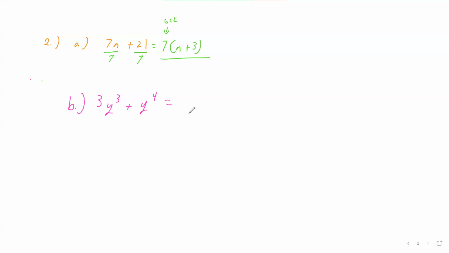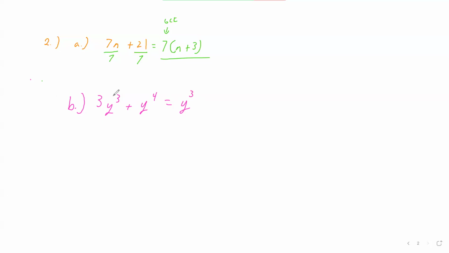Not in this case. I got a 3, and then the other term doesn't even have a number. So I have no numbers in common. Do we have any letters in common? Yes, I have a y. To figure out how many y's I can pull out, what do I look at again? The exponent. Which one's the smallest exponent? 3. So I can take y to the third out of each term.